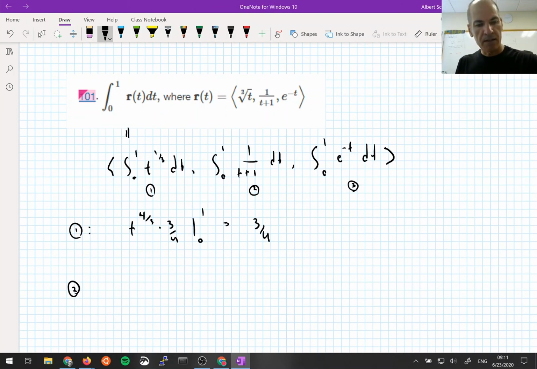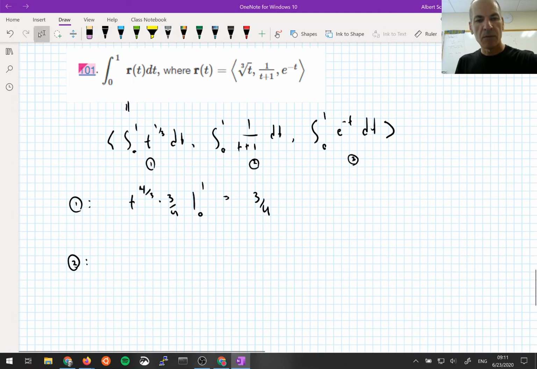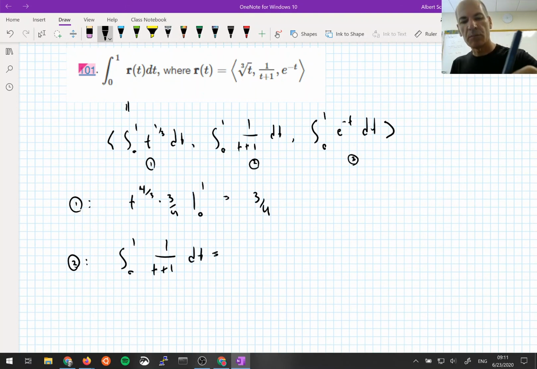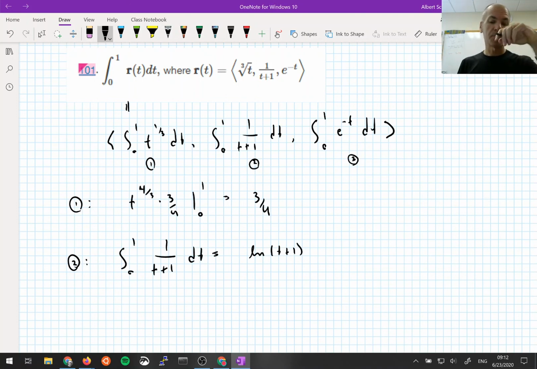In the second component, we want to integrate from 0 to 1, 1 over t plus 1 dt. The antiderivative of 1 over t plus 1 is just the natural log of t plus 1. And again, you might worry about the absolute values that come with that antiderivative formula, but everything here is positive, so I'm not worried about the absolute values. And I want to evaluate that from 0 to 1.